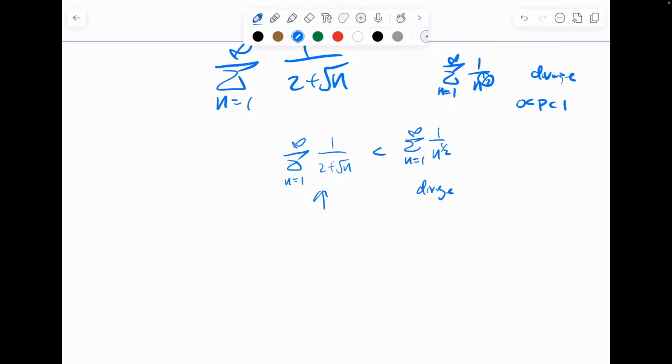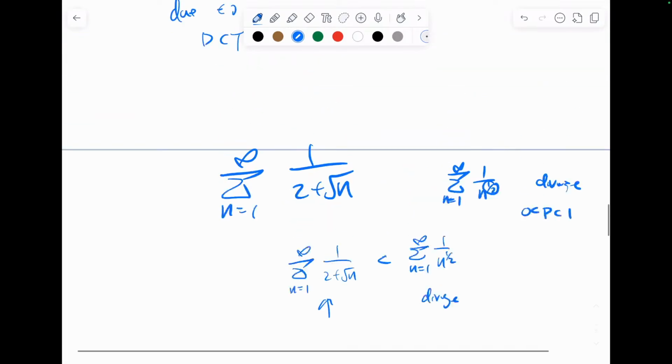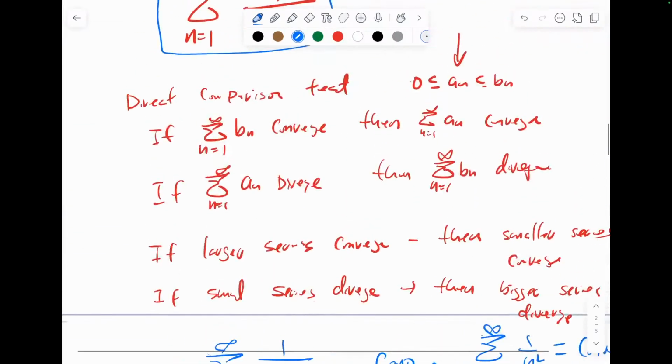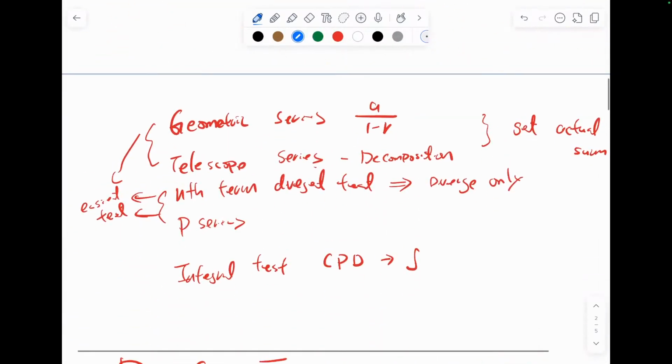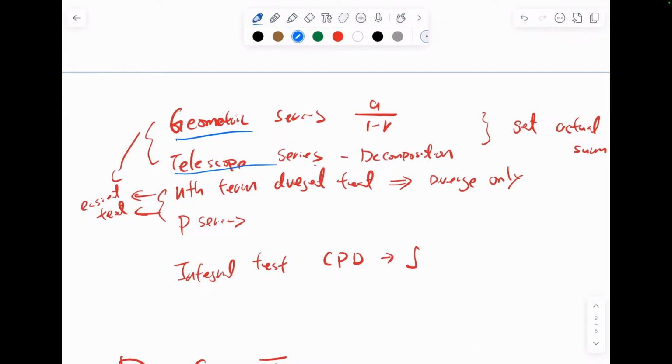Peter, what did you say? We were thinking geometric. No, integral test. No. That one's gotta be tough. It's gotta be close. Okay, let's go back and look at this. Geometric series, telescoping series, n-th term test, P series, harmonic.